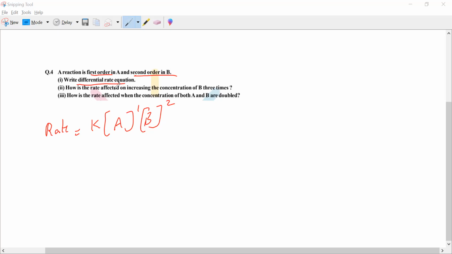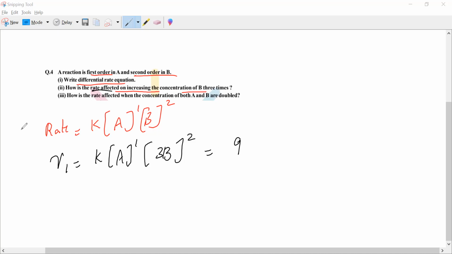How is the rate affected on increasing the concentration of B 3 times? So my R1, K into A power 1, B is increased 3 times, so 3B the whole square. 3 square will be 9.